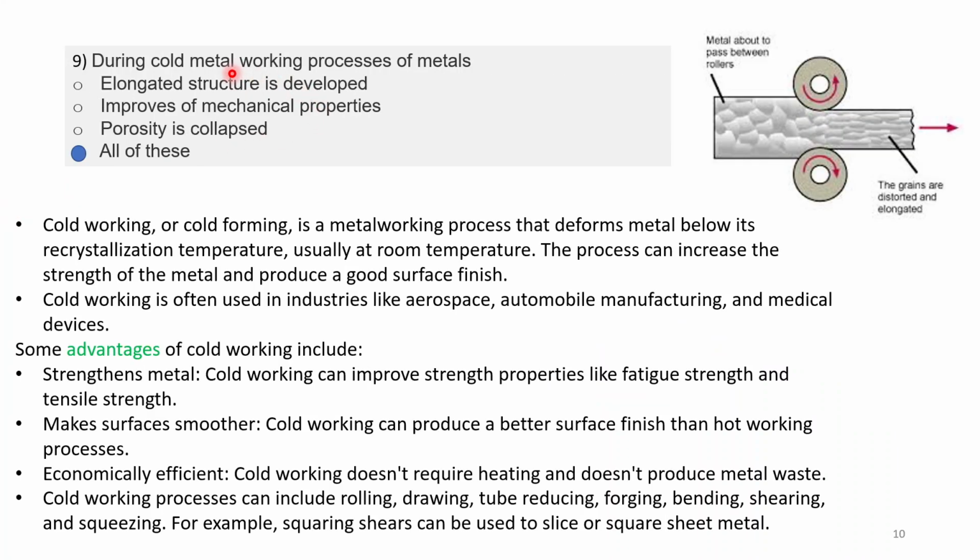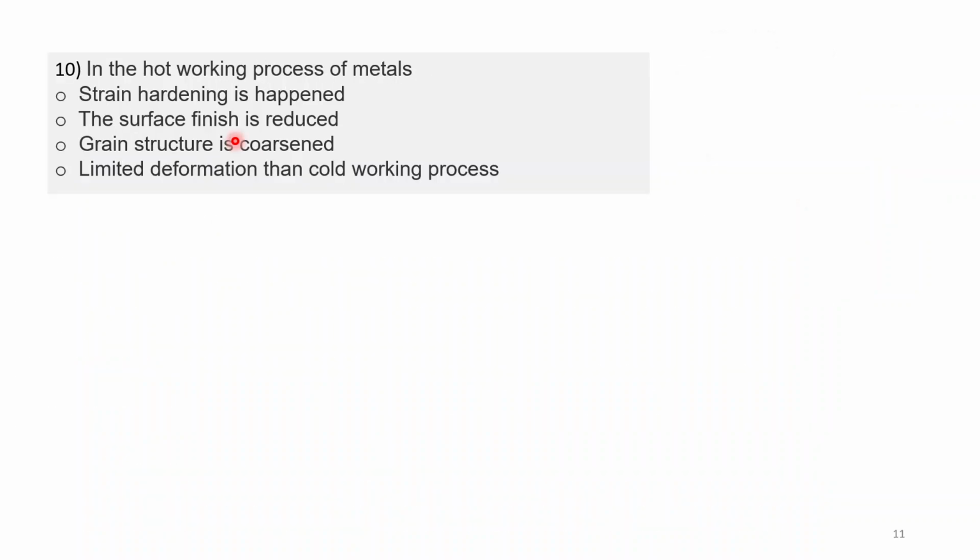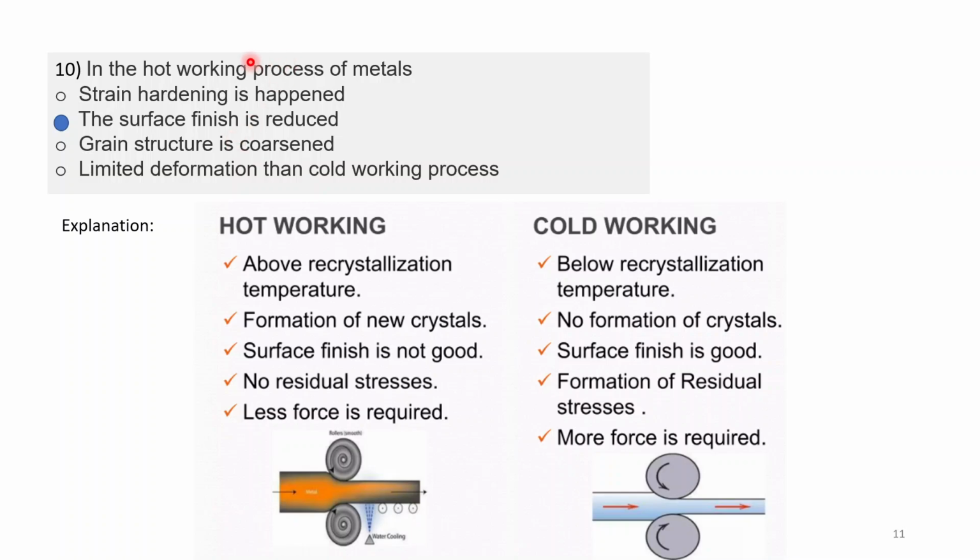Now, during the cold working process of metal, the elongated structure, improvement of mechanical properties, and collapse of porosity are all advantages of cold metal working. In the case of hot metal working, you have low surface finish.